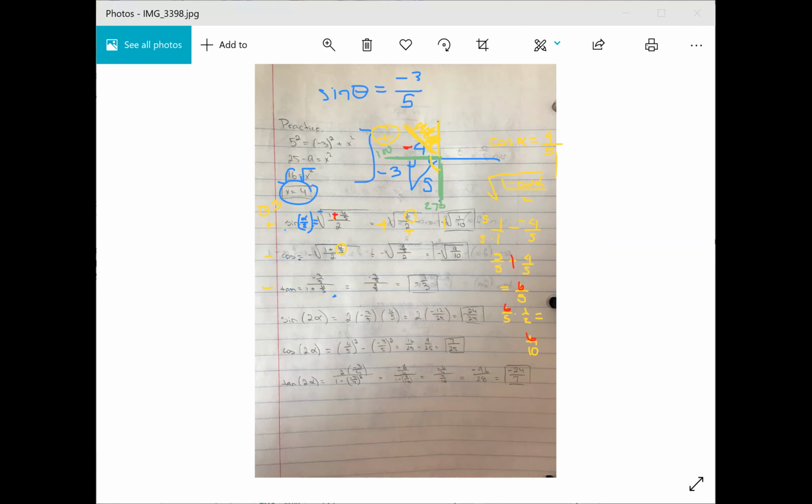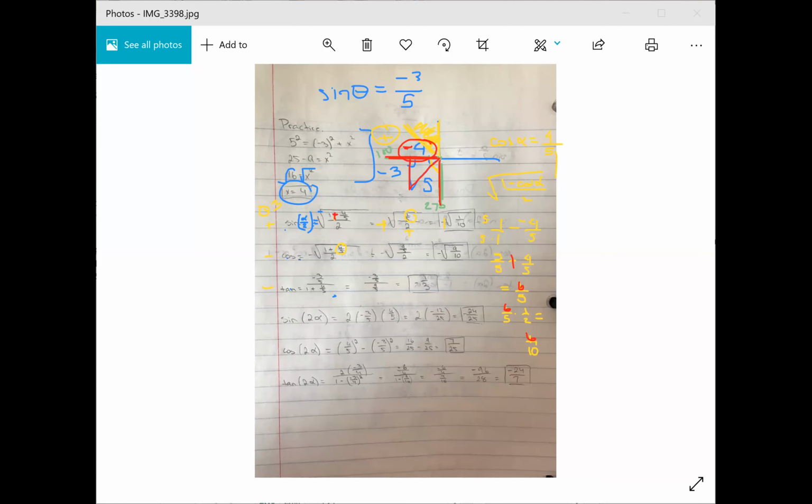Yes, but over here you have the Pythagorean theorem that depends on the triangle. Since this is in the third quadrant, on the x-axis it is negative, and the y-axis is also negative.